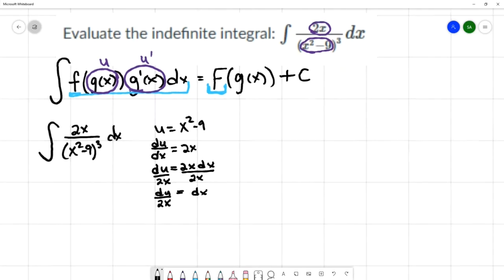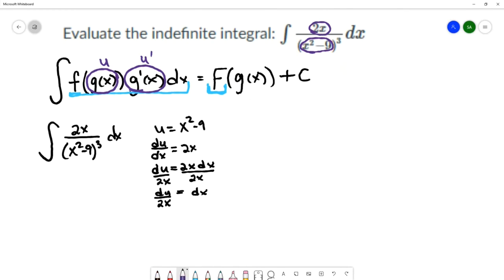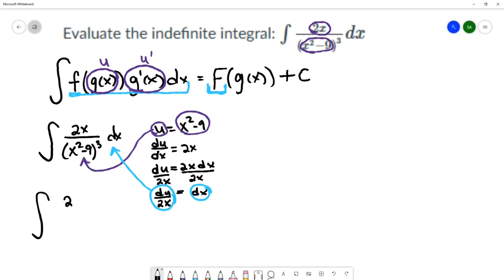So now I'm going to do the substitution. In place of the x squared minus 9, I'll put u, and in place of the dx, I'll put du over 2x. And that's going to give the integral of 2x over u cubed times du over 2x.